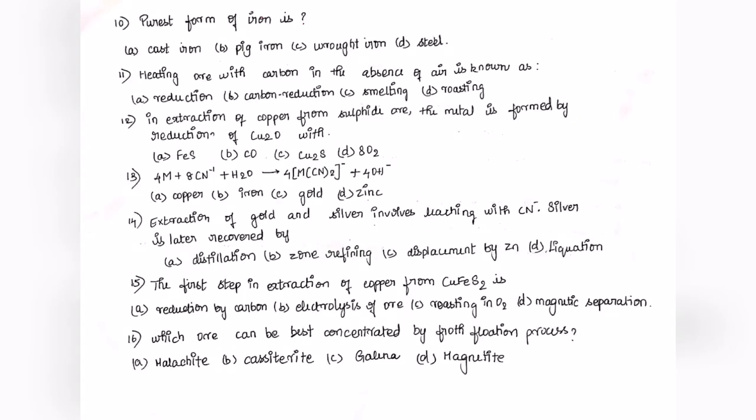Tenth question. Purest form of iron is cast iron, pig iron, wrought iron, steel. Eleventh question. Heating ore with carbon in the absence of air is known as reduction, carbon reduction, smelting, roasting.